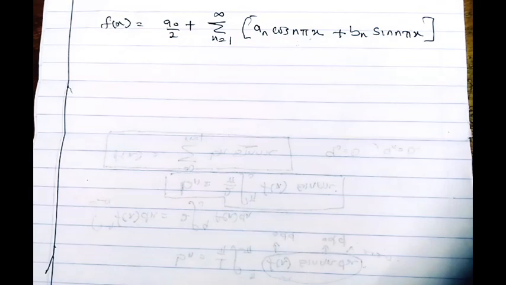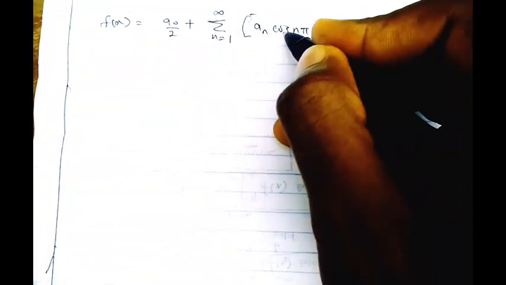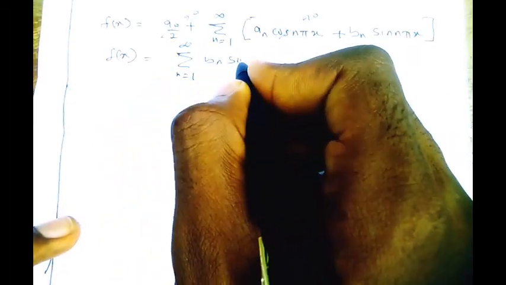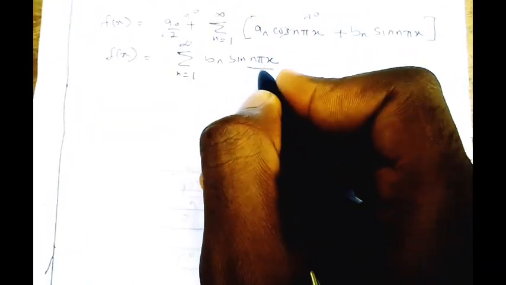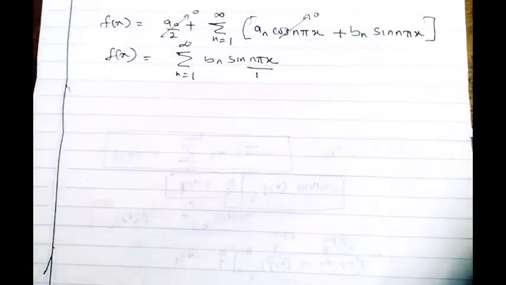So we substitute now: since a naught is equal to 0 and a_n is equal to 0, this becomes 0, this becomes 0. So we're only left with f(x) equal to the summation from n equals 1 to infinity of b_n sin(n pi x), divided by 1, or you can just leave it like that.